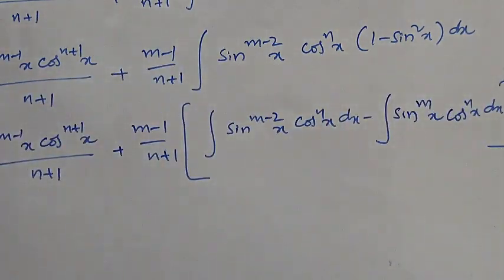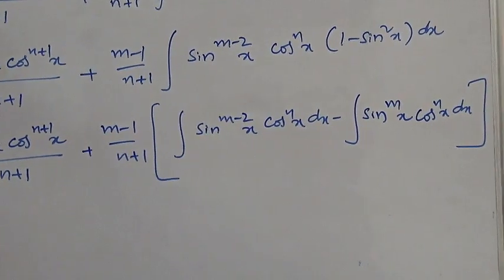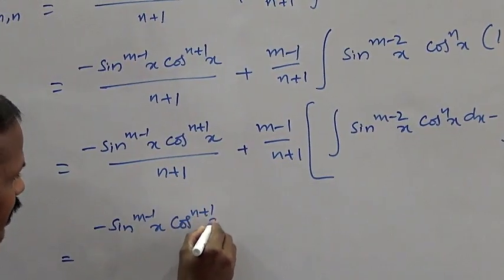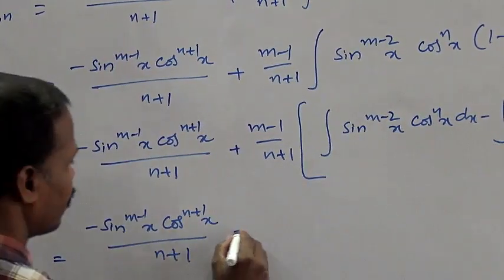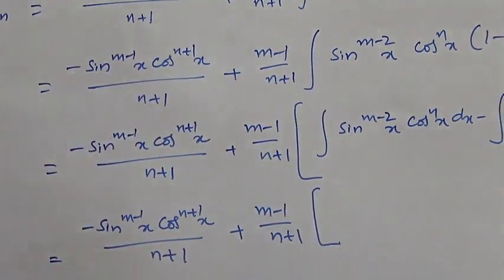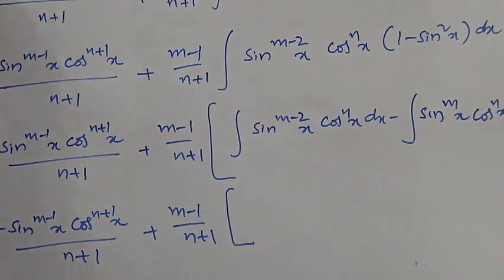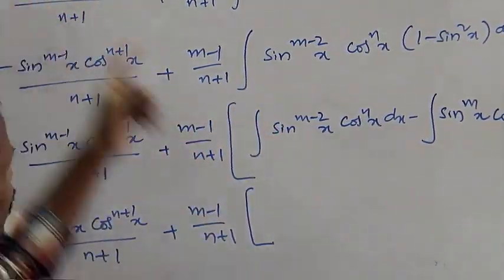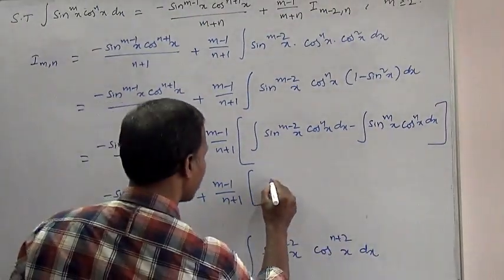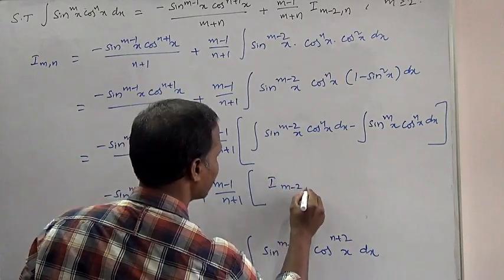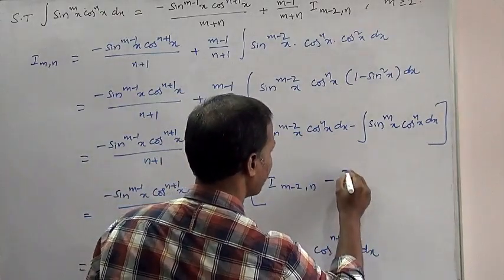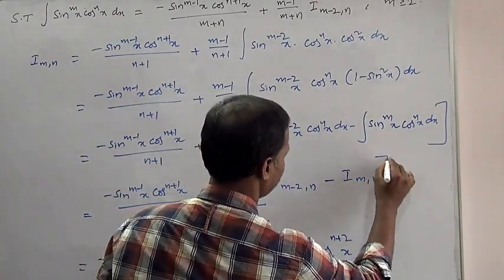Okay, clear? Now this is equal to minus sin^(m-1) x cos^(n+1) x by (n+1), plus (m-1) by (n+1) into, what is this? Our I(m,n) is sin^m x cos^n x. So in place of m, m minus 2 is there, and n is the same, so this can be written as I(m-2,n). Okay? Clear? Minus, what is this? This is nothing but I(m,n). Okay.